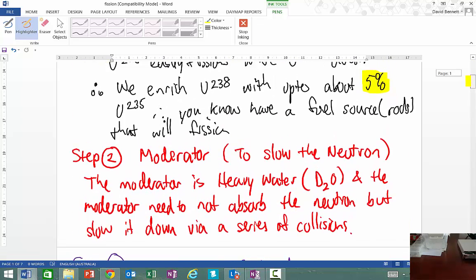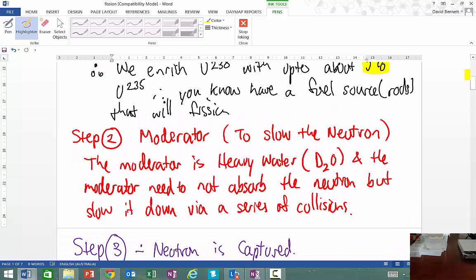The second step is you have to have a thing called a moderator. The moderator is an important part of the fission process. The moderator has a mass which is about similar to that of a neutron. We have to slow the neutron down, so it has to be maybe a little bit heavier than a neutron.